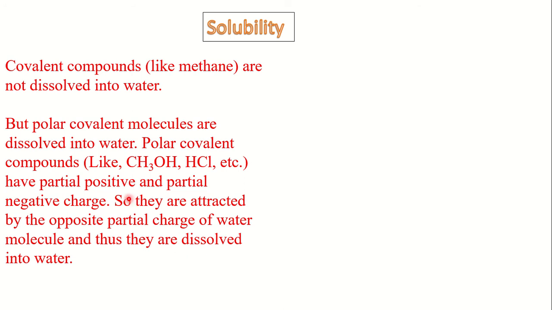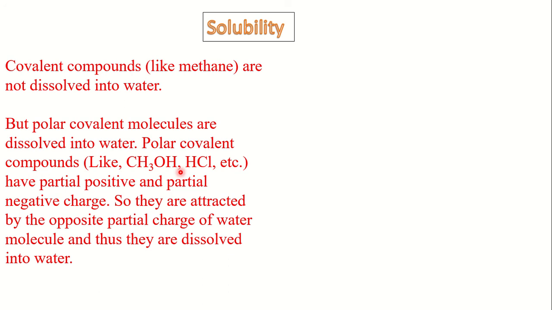For example, HCl, HF, methanol, they are polar covalent compounds. They have partially positive and partially negative ends. So these polar covalent compounds are soluble in water. Why?